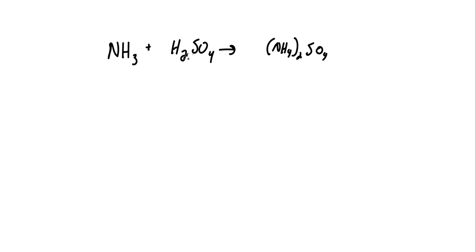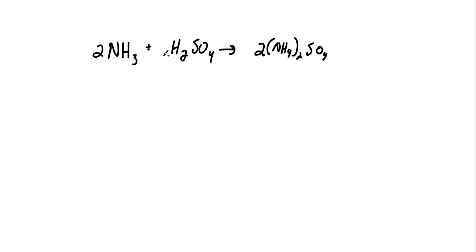Let's go ahead and balance this. Remember, we can treat the polyatomic ion SO4 as a unit. Let's see what we got here. We've got one nitrogen, 3 plus 2 is 5 hydrogens, and on the other side 8 hydrogens. Anytime you've got an even number and an odd number, find that odd number and start by doubling it. That gives us 2 nitrogens, so we need a 2 here.